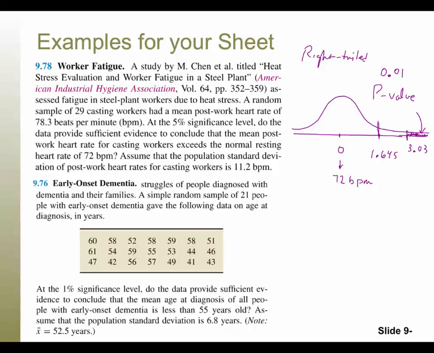No. 0.12%. Is that right? Okay? So we would even reject at a 1% significance level. We'd even reject at a 0.5% significance level, right? This is way, way out here. So we would reject the hypothesis that the normal heart rate is 72.